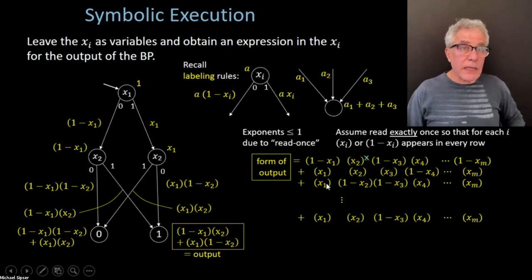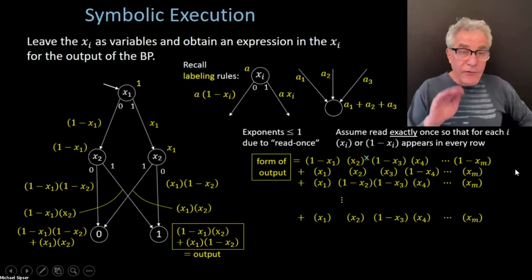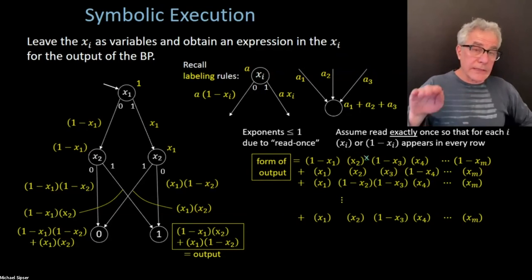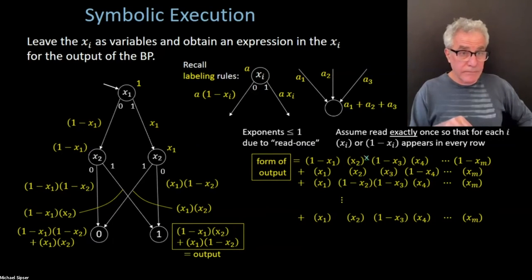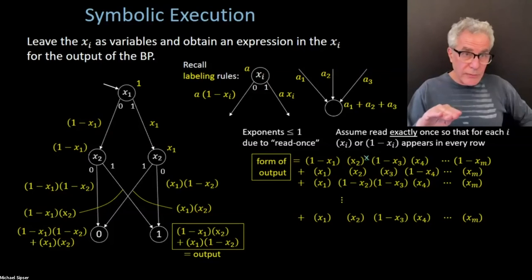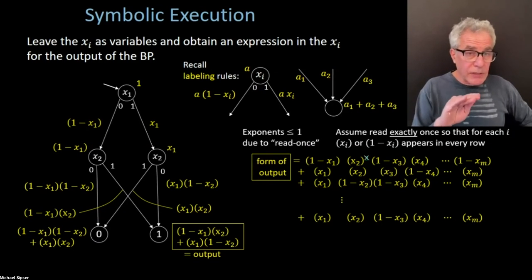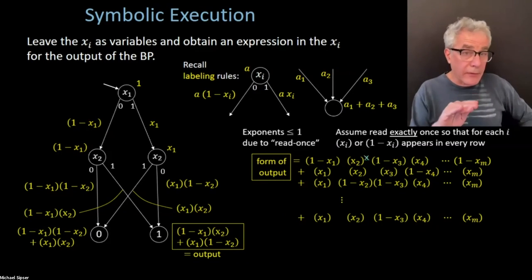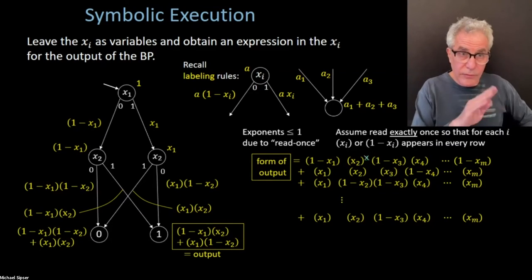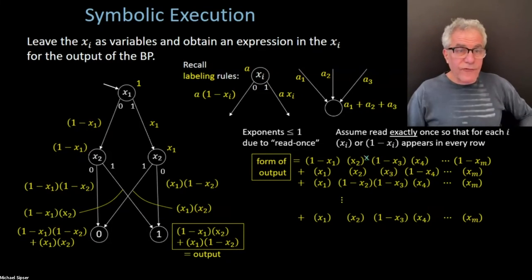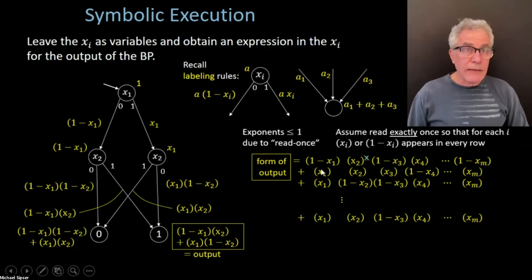And that's going to mean that every row contains every variable, either as an xi or as a 1 minus xi. We can eliminate that extra assumption easily, and I'm going to leave that as an exercise to you. It's not very hard to do. If you follow me and play with it for a minute or two, you'll see that it doesn't really matter. But just for the first time through this, let's assume that every row has every variable.